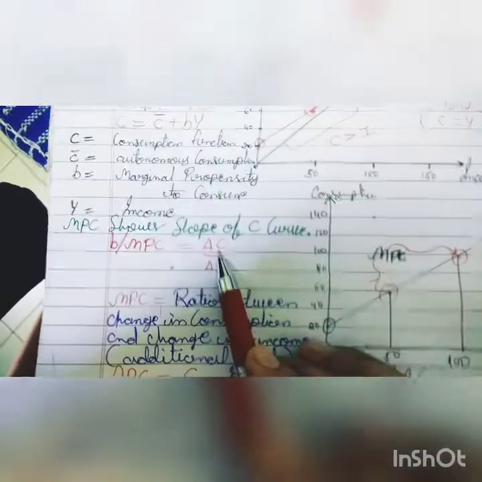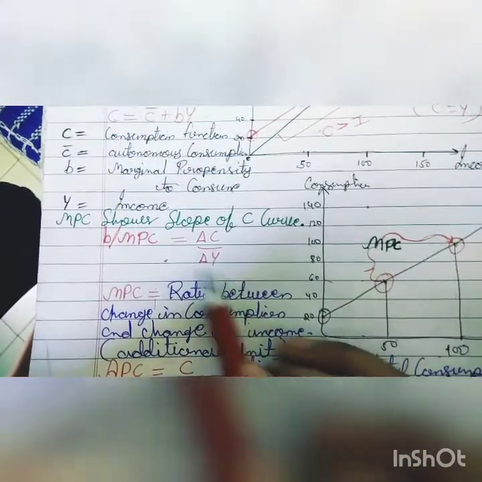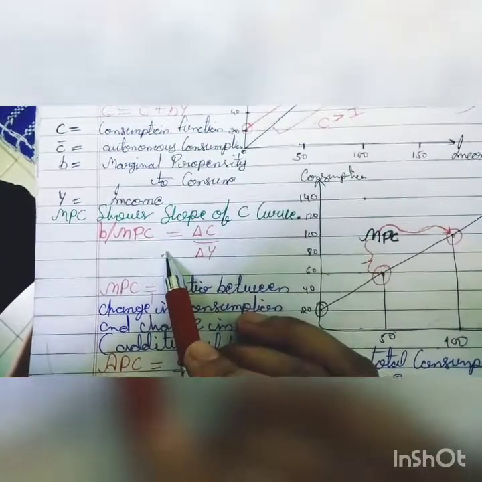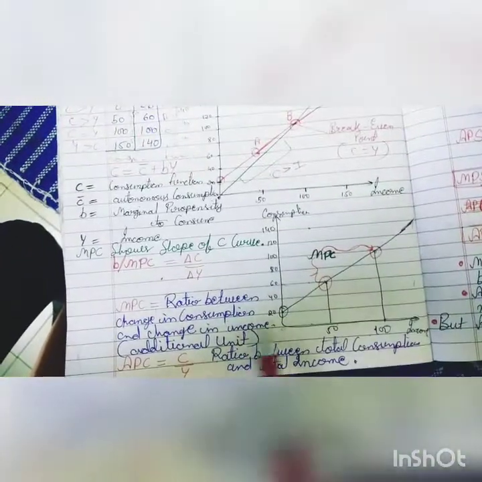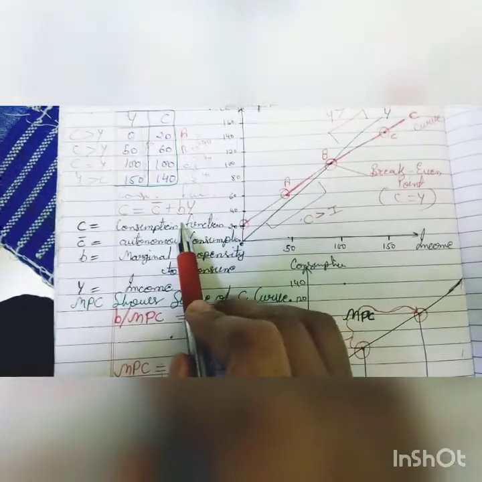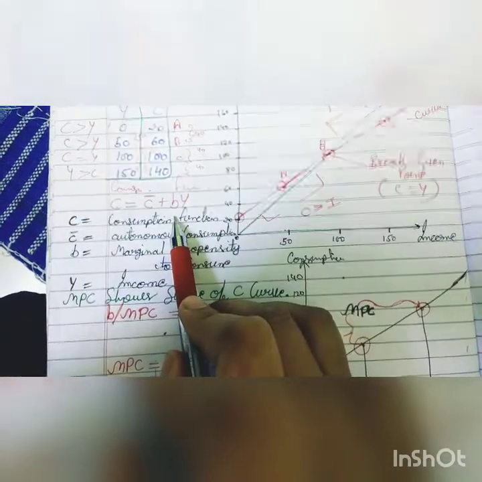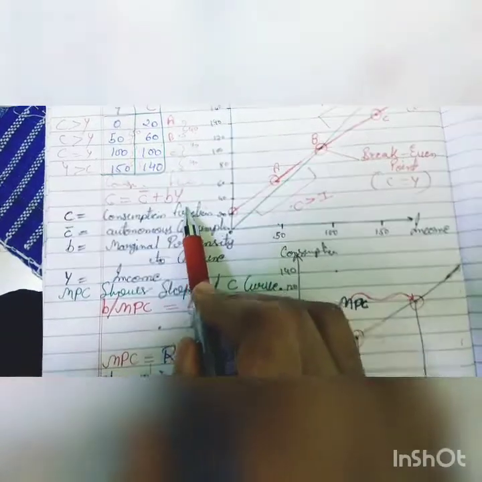So the ratio between the extra unit of consumption and the extra unit of Y is called the MPC, marginal propensity to consume. So B shows the MPC, the ratio between the change in consumption and change in income. Y, as you know, is income. So this is the equation of the consumption function: C equals autonomous consumption plus B, the MPC, times income.